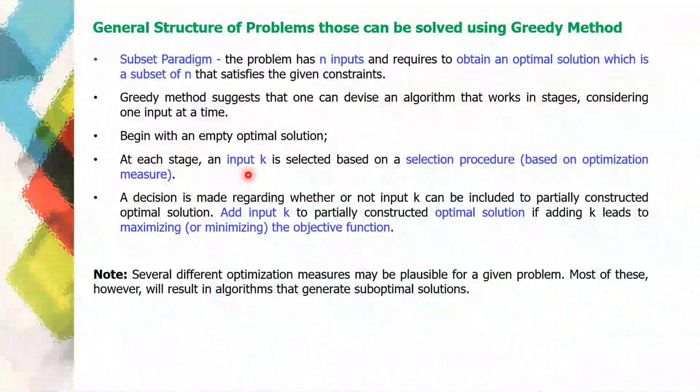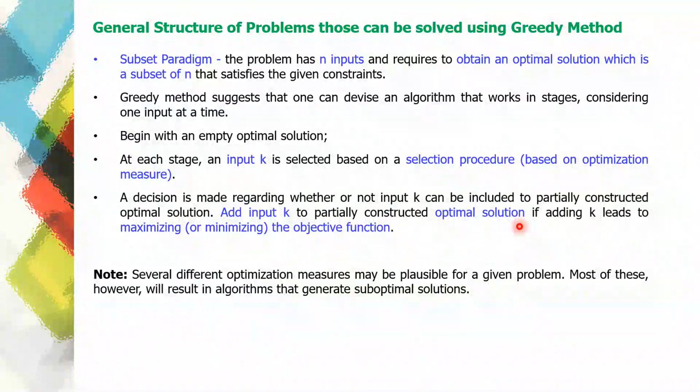Now, whether you can add this input to the solution or not, you have to make a decision. If by adding this input k to the solution, it's maximizing or minimizing the objective function, then add input k to the optimal solution.